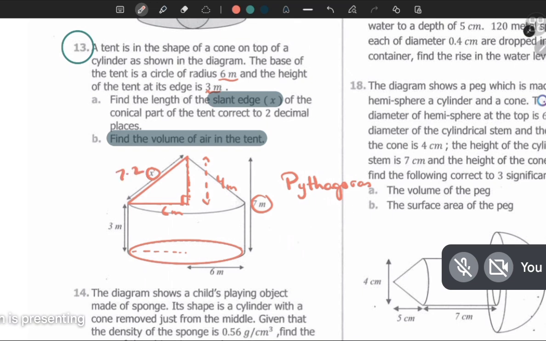It says two decimal places, so what value will come for two decimal places? 7.21. That's the value you use.